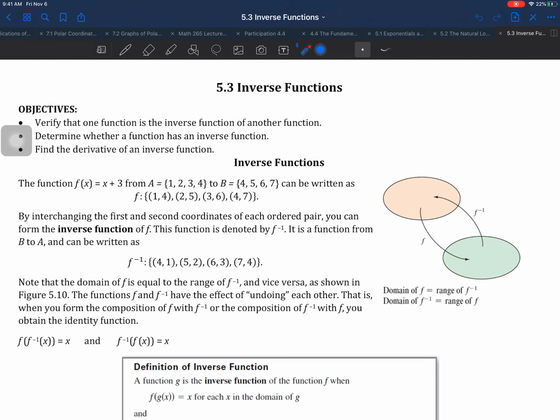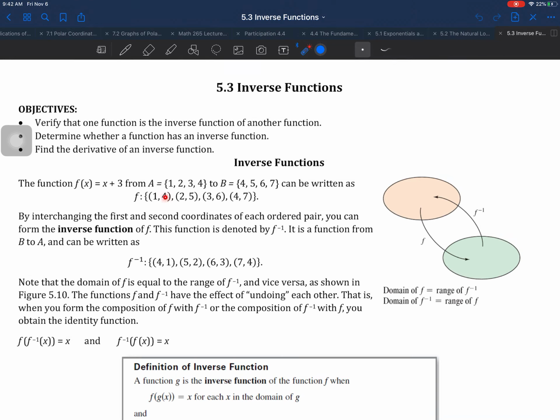And we can write this relationship as f such that we have these ordered pairs, right? 1 corresponds to 4, 2 corresponds to 5, 3 corresponds to 6, 4 corresponds to 7. In fact, we even give them a label.